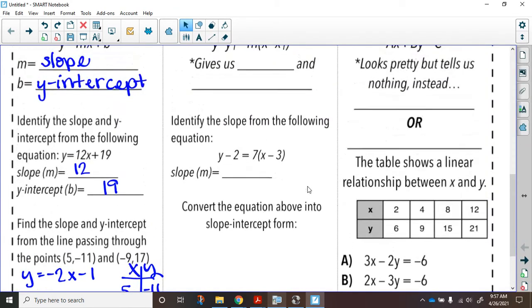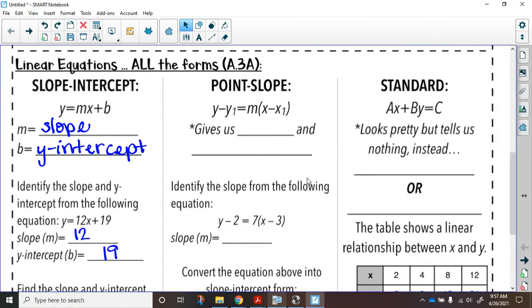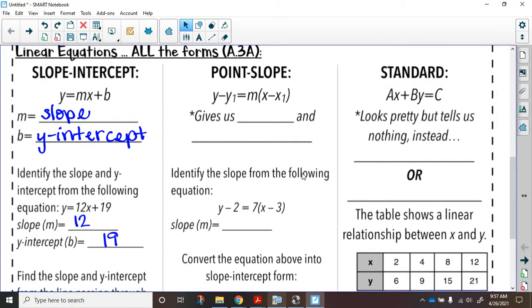Alright, let's talk about this second kind of equation, and that is point slope form. This is probably the one that you're not used to seeing, especially the way it's written, but it gives us a point and our slope, hence the name.